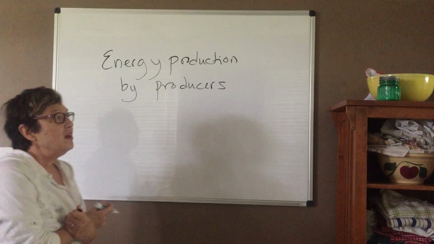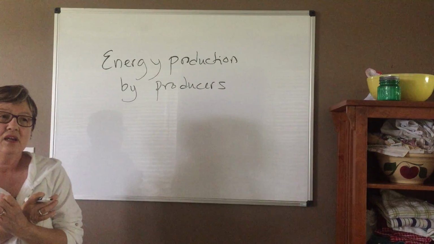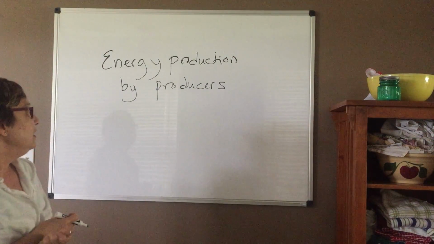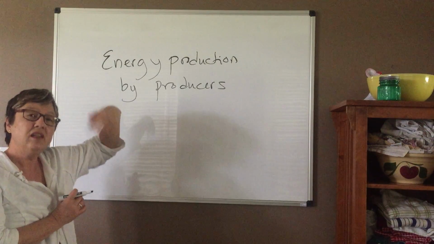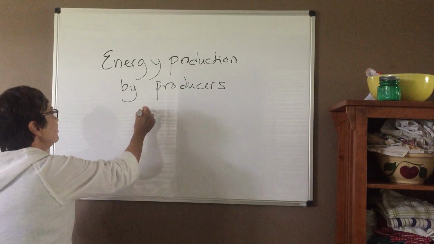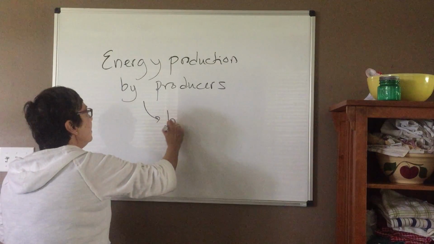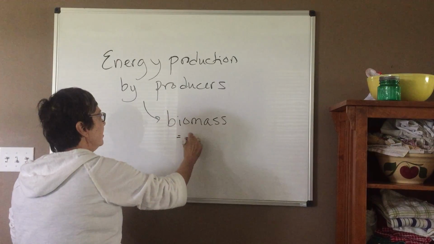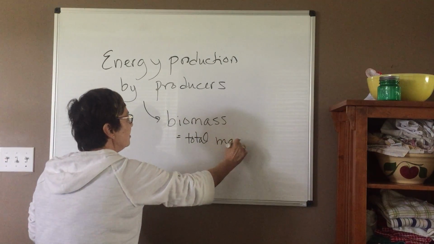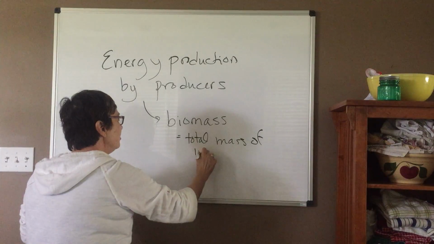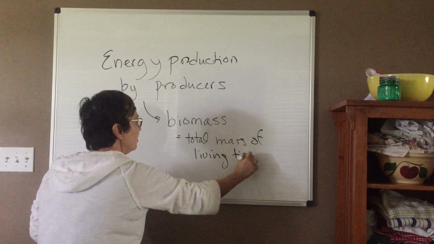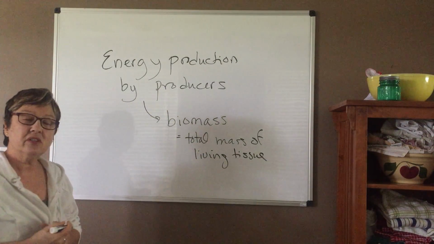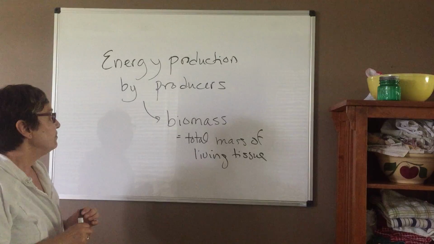The way that ecologists actually describe energy content in producers and levels above that, they actually use what's called the biomass, which is the total mass of living tissue represented by the organisms in that particular trophic level.